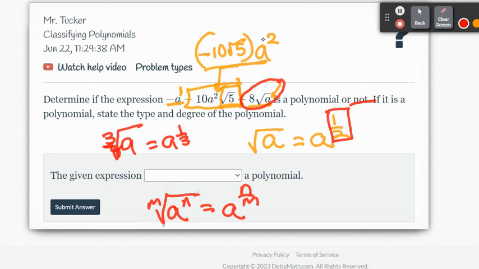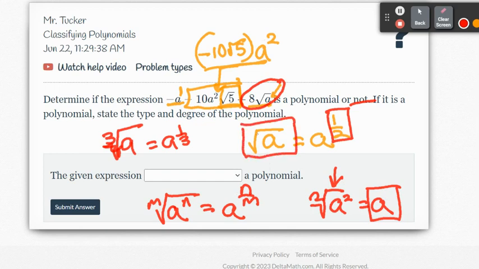Immediately, if you see a radical over top of your variable that doesn't reduce down and doesn't clean up, it's not a polynomial. And here's another trick: if you had a square root of a squared, that's actually an a, so this would be a polynomial. So be careful to not just throw every radical out. You can simplify some, but in this particular problem, we were left with a non-simplifiable radical. So this was not a polynomial.